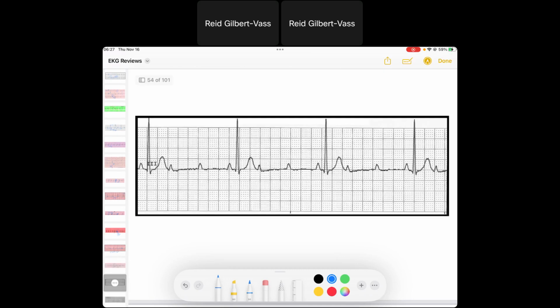All right, next rhythm here. So we've got this slow beating bradycardia. It's regular. And if you look, we've got P wave, P wave, P wave, P wave, P wave, kind of marching through. And each QRS seems to have a P wave.